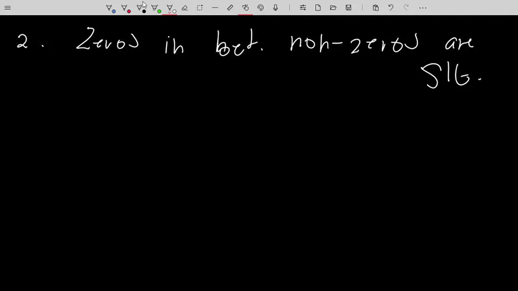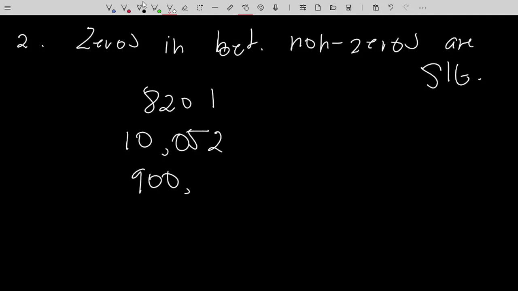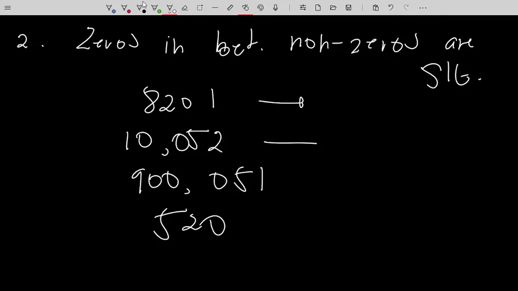Now let's have an example: 8,201, or 10,500, or 10,052, or 900,051, and 520. Now let's count all the significant figures here.